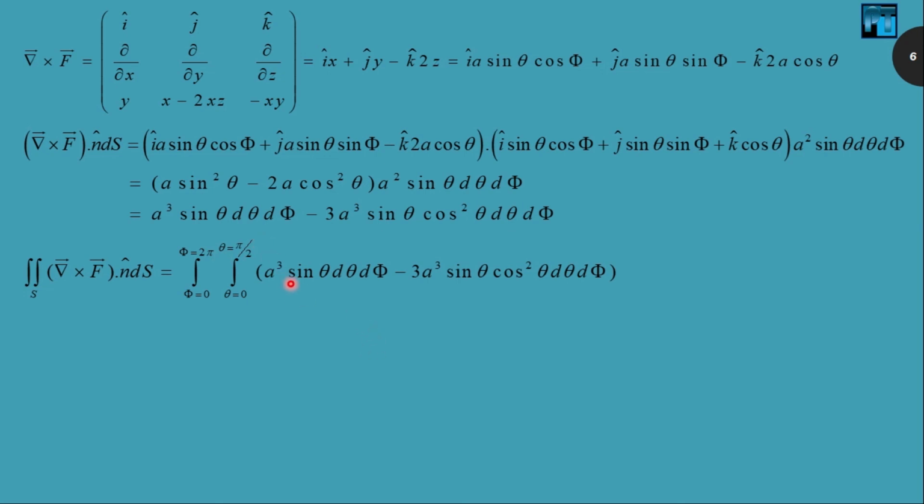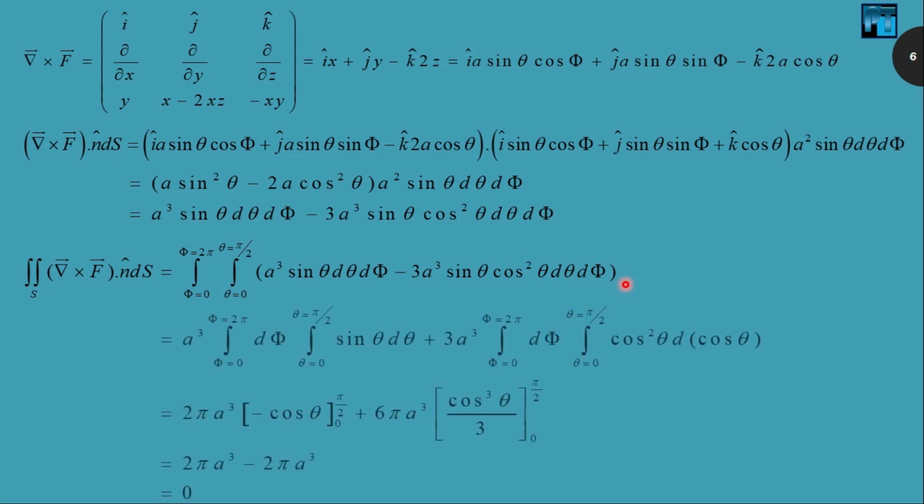Now, this is our integration. We can divide this into two parts. First one: a cube, then 0 to 2 pi d phi, 0 to pi by 2 sin theta d theta, very easy. Second one is 3a cube, 0 to 2 pi d phi, theta 0 to pi by 2. Now we can rewrite this sin theta cos square theta d theta as cos square theta d of cos theta.